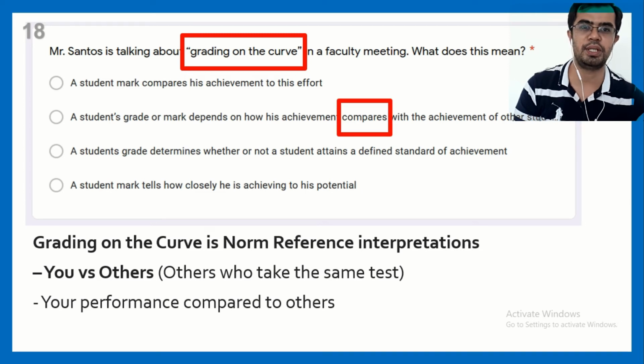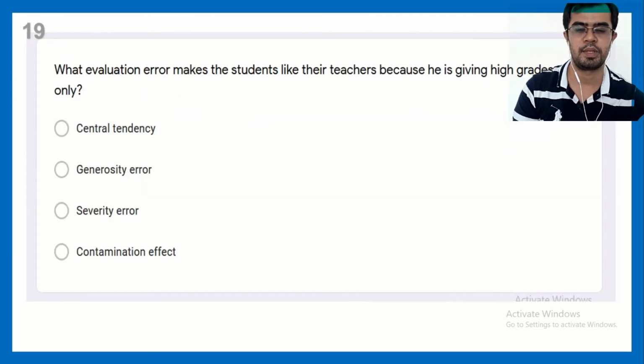And based on the options, we can find the word compares in letter B, and that is our answer, which is a student's grade or mark depends on how his achievement compares with the achievement of other students.